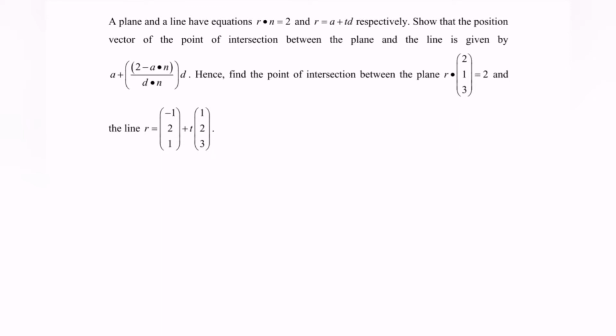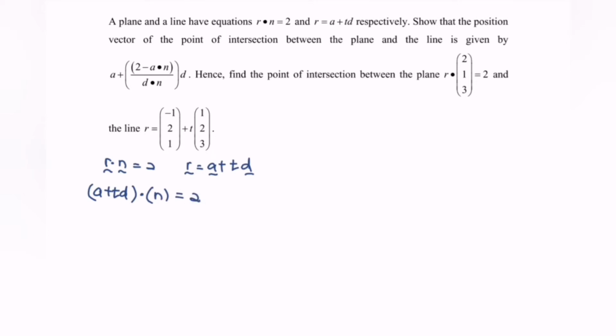So given the situation, r dot n equals 2 and the line equation r equals a plus td. Now stated r equals a plus td. Kindly substitute into the plane: (a plus td) dot n equals 2.